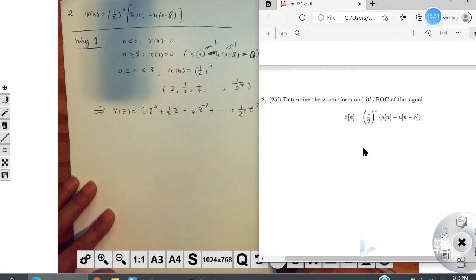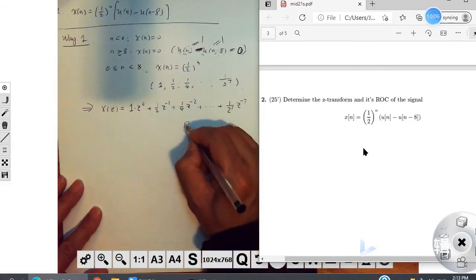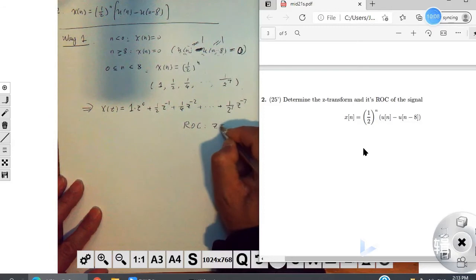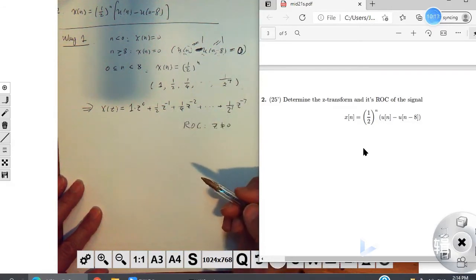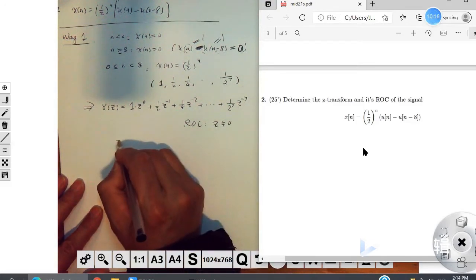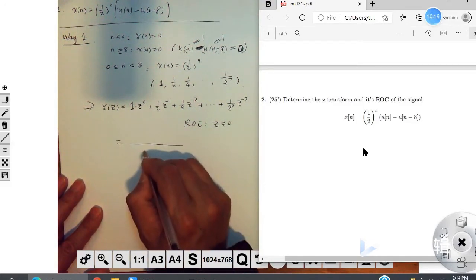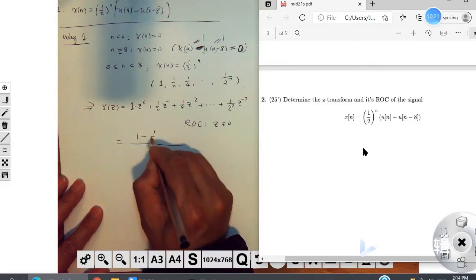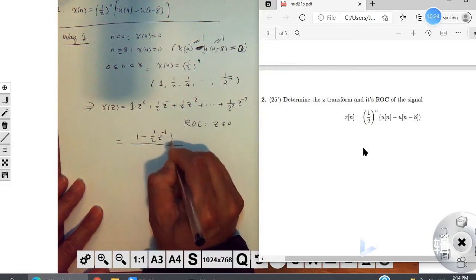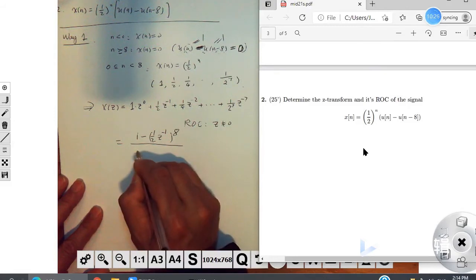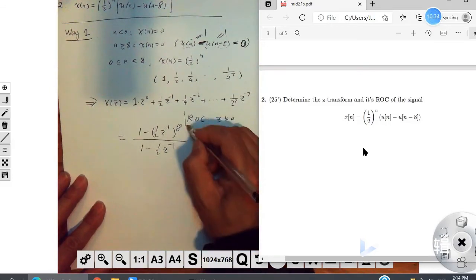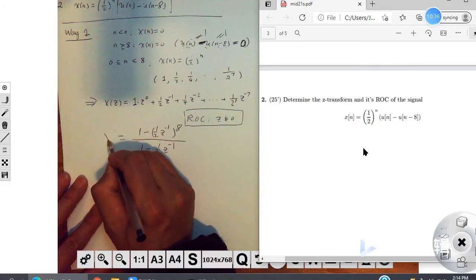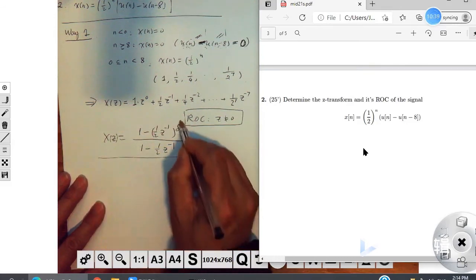This is the result. In the ROC, z cannot be 0. You can use any z other than 0. And if you want, you can simplify: the numerator is 1 minus 1/2 z to negative 1 to the 8th, and the denominator will be 1 minus 1/2 z to negative 1. This is the ROC and this is the Z transform.